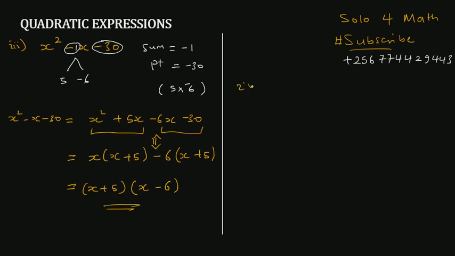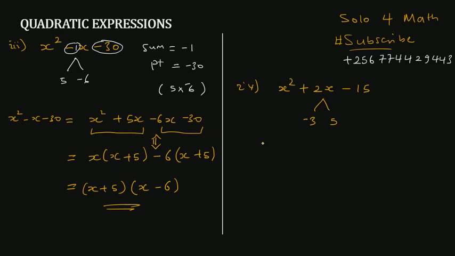I'll finish this with one more example. If you have x squared plus 2x minus 15, what are the two numbers that give us a sum of 2 and a product of -15? We have 3 and 5, but we give this a minus.